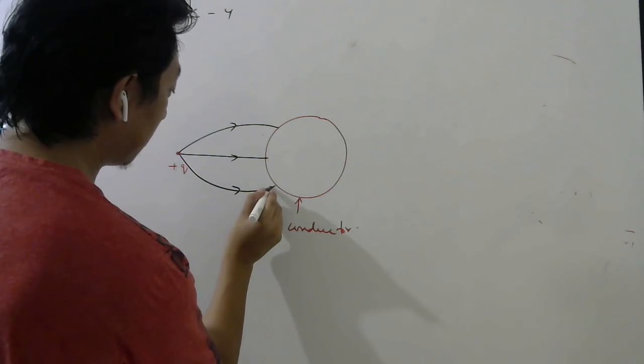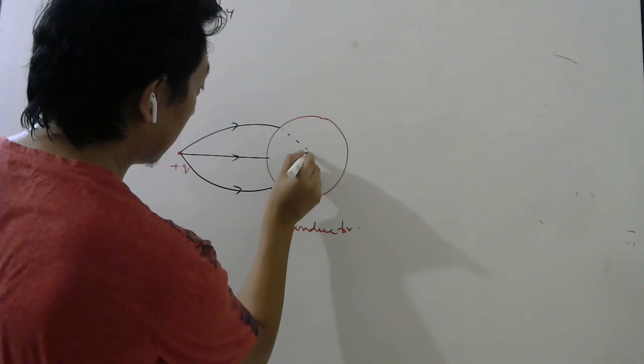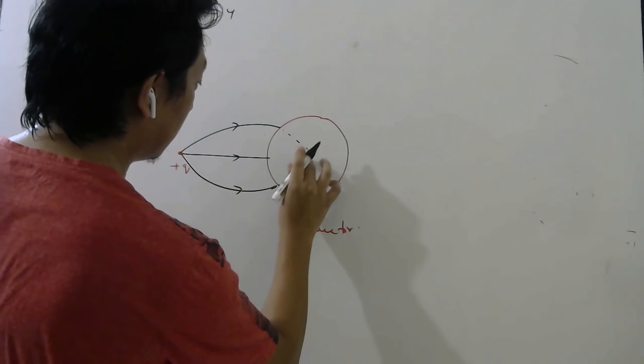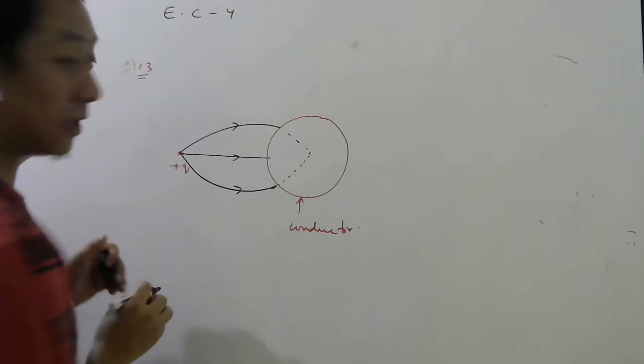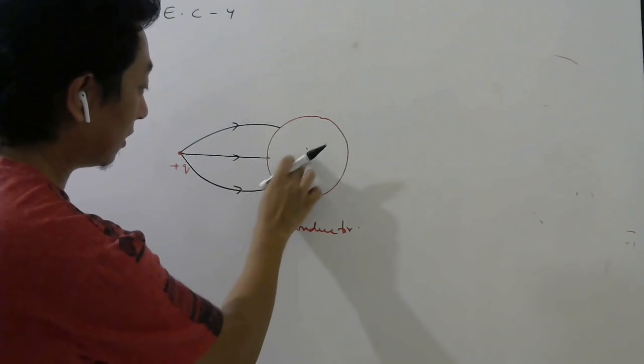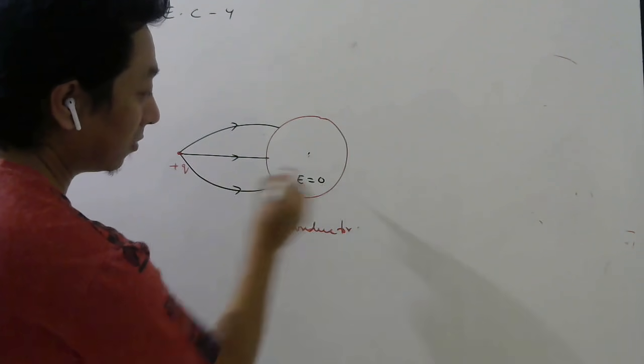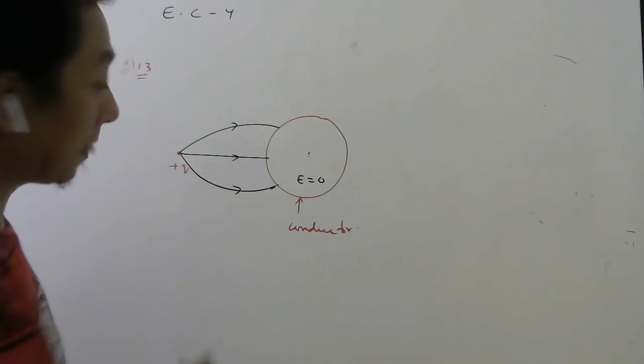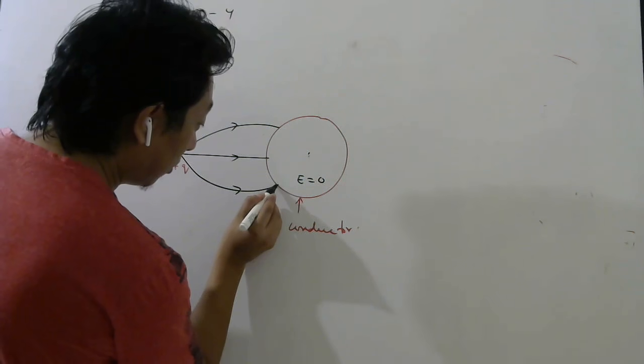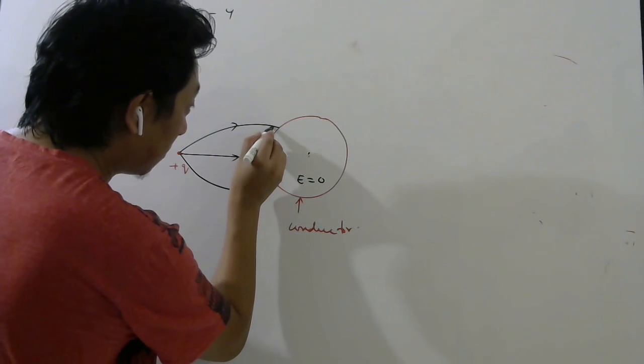Why it will go like this? Because I said, if this is the center, the electric field lines, this is nothing, okay? Inside the conductor I told electric field is zero. So these lines cannot go inside. So why do they go like this? Because I told outside it should be perpendicular.